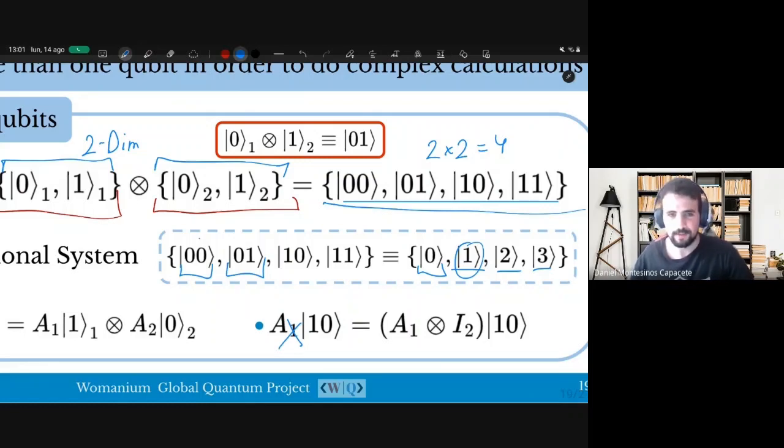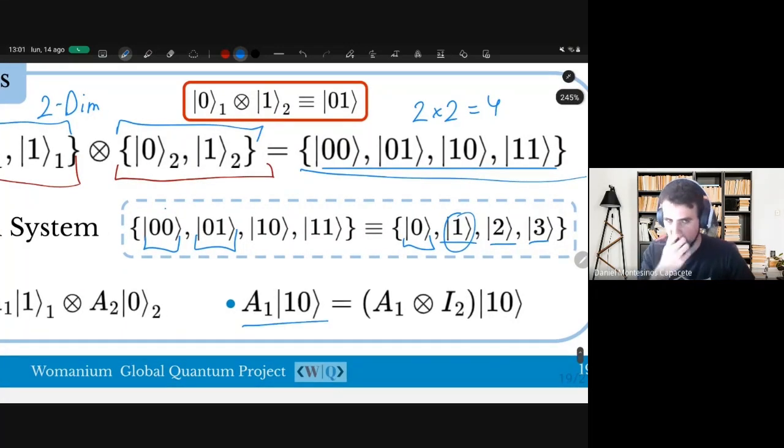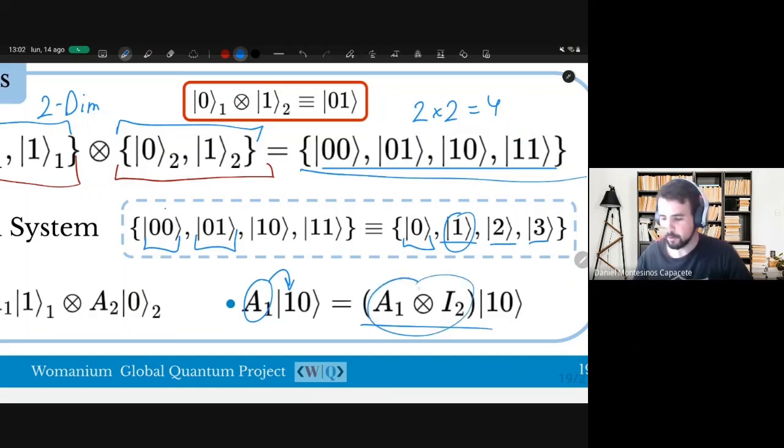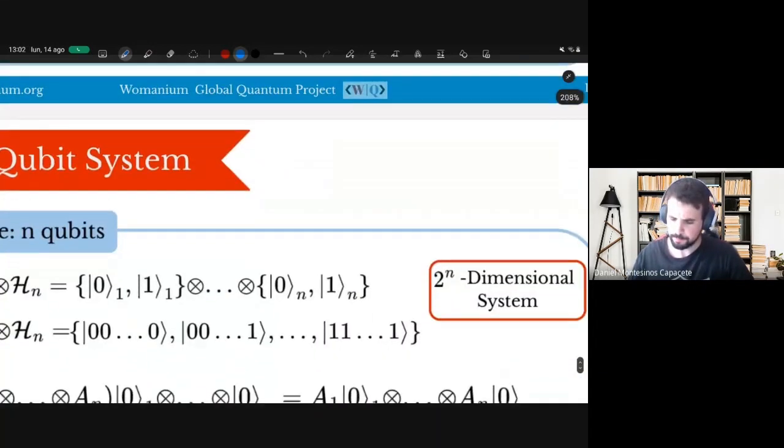But if you have this operation here, it's the same as writing this, because this operator is acting on the first qubit, but not on the second qubit. So it's the same as doing this tensor product of your operator with the identity in the second qubit space, right? That's just something that I believe can be a little confusing.